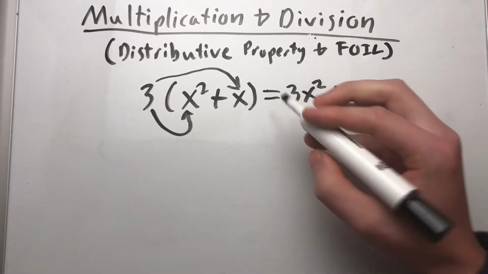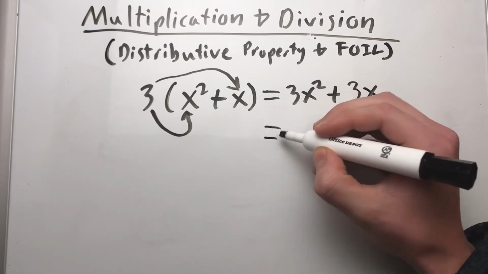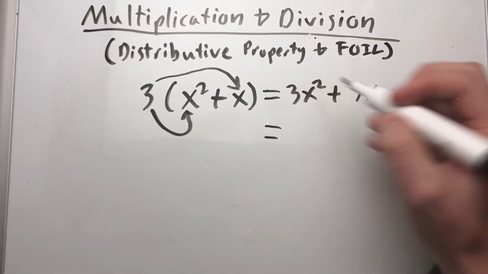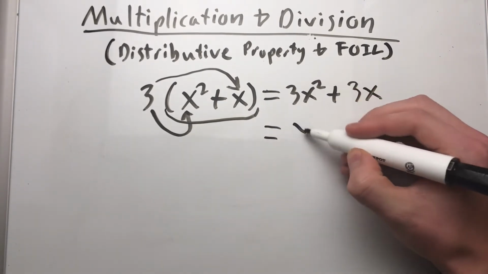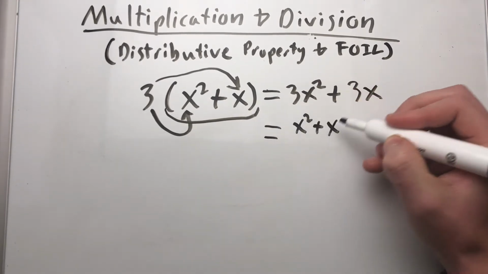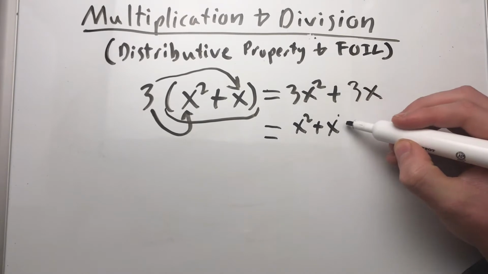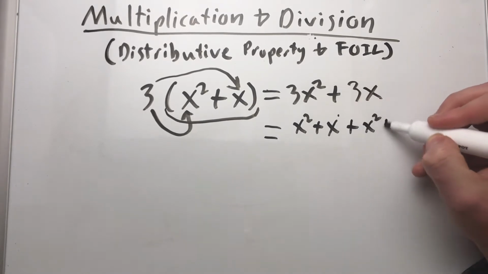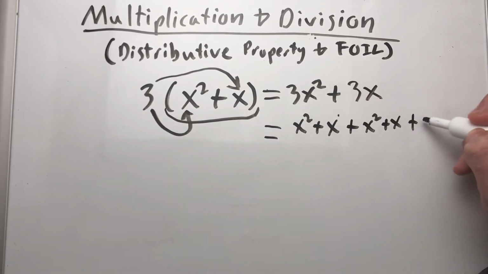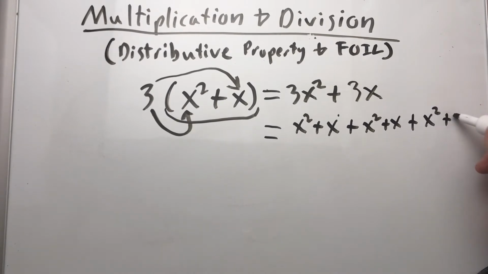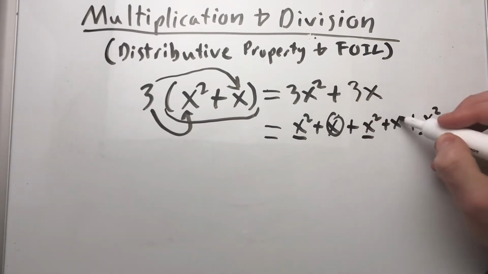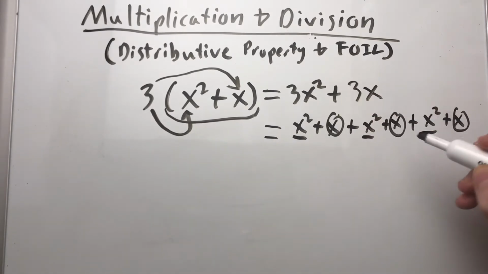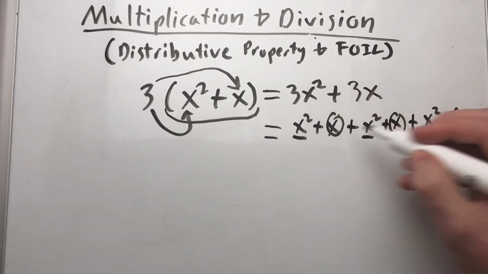You can also think of it as adding 3 of these. So you have x squared plus x plus another x squared plus x plus another x squared plus x. And if you combine the like terms in this expression, you see that you get 3x squareds and 3x's.